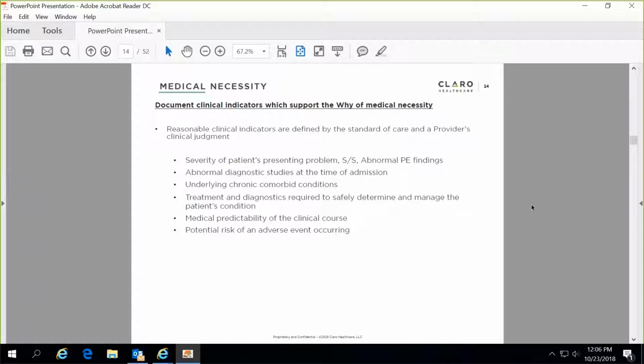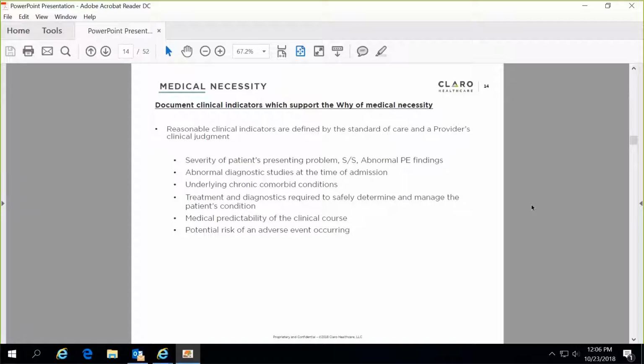And do we need to mention those in our text, or if we auto-pull labs in, that's documentation, right? Just pulling the lab in is not. It is in your plan and assessment, you need to discuss what you're going to do with it, okay? Just pulling them in is not enough because coders cannot make inferences.